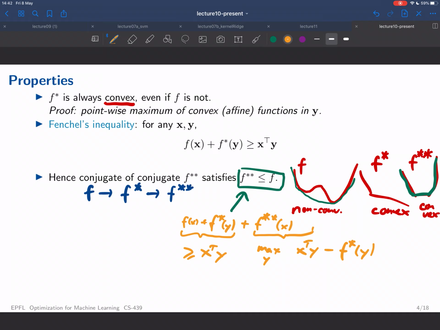And when I combine these two, it will be clear that the sum of these together is smaller than the original f.